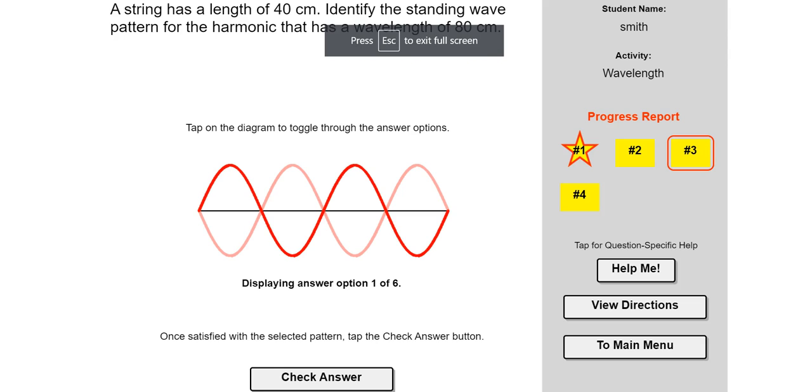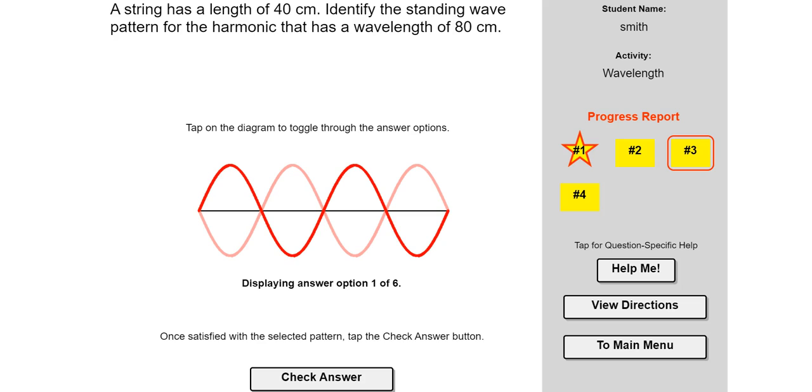Okay, so what you have is a string. So the first thing to remember, we have a string of length 40 centimeters. Identify the standing wave pattern for the harmonic that has a wavelength of 80 centimeters. Now, if the wavelength is 80 centimeters, then half of a wavelength would be 40 centimeters.